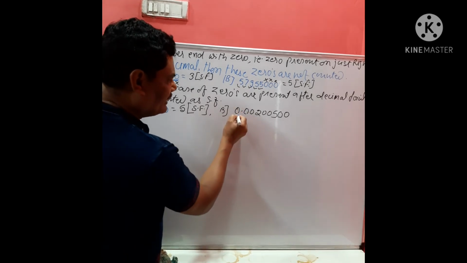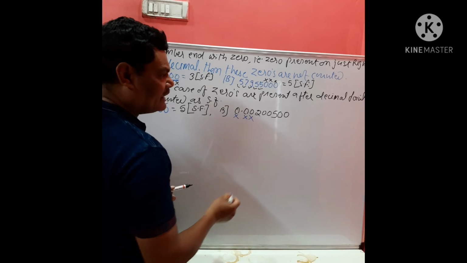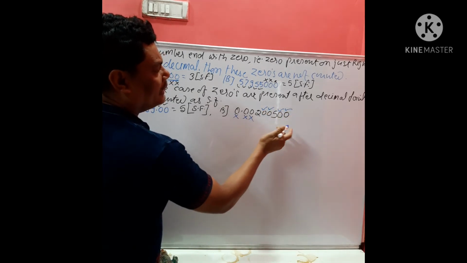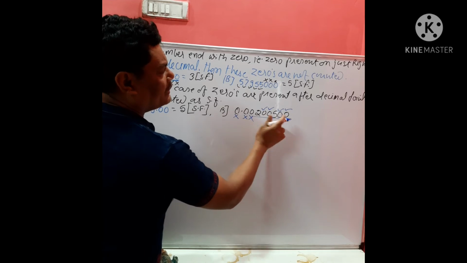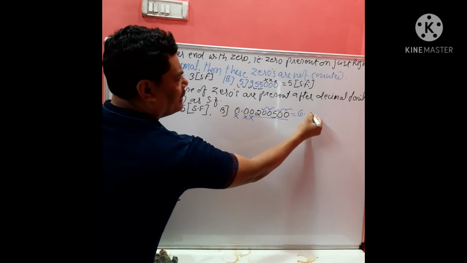So here this one is not included, this one not included, this one not included. But now 1, 2, 3 and 4, these will be included, meaning these zeros will be included. So the total significant figures will be again what?